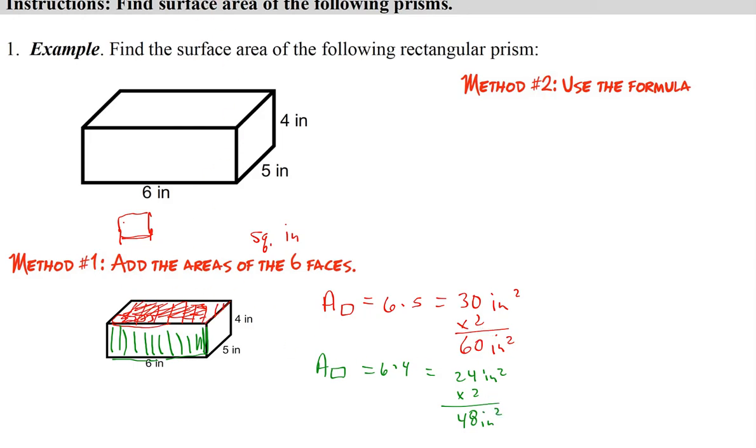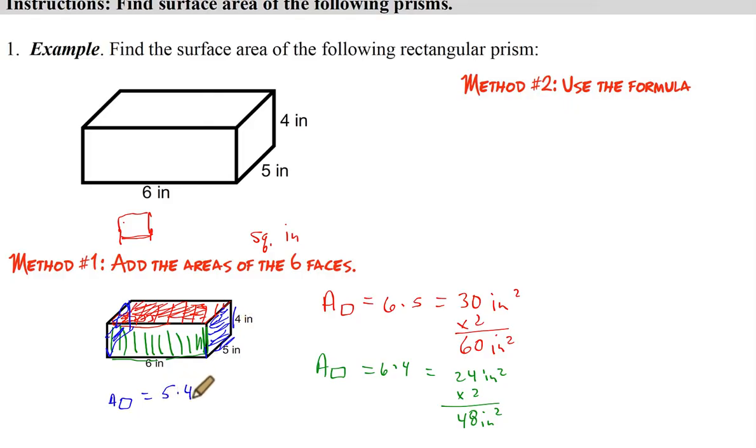And then lastly, this rectangle right here that we will shade in some blue. Remember, this rectangle on the right is the same as the rectangle over here that would be on the left if we were to shade it in. They would be the same. So we'll say over here that the area of the blue rectangle would equal, what is this, the dimensions? 5 times 4.